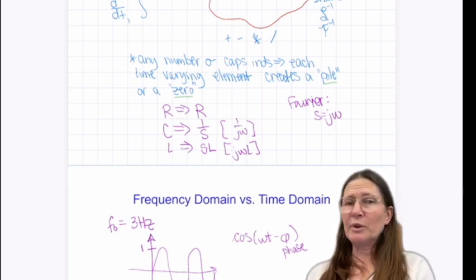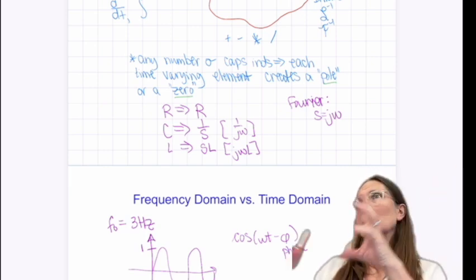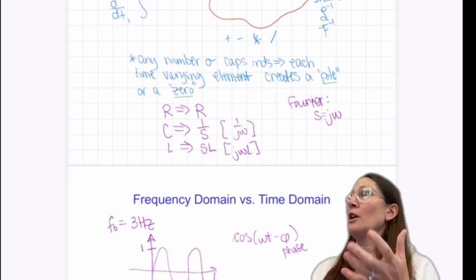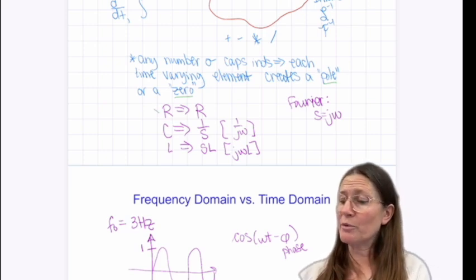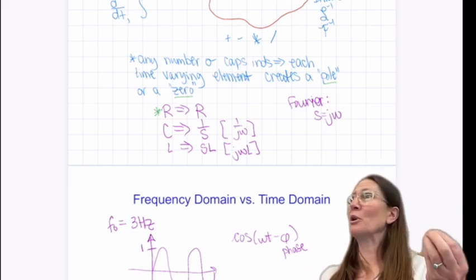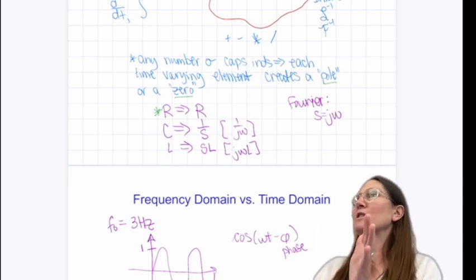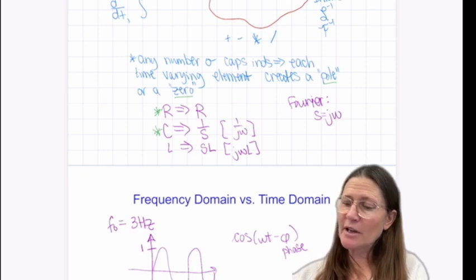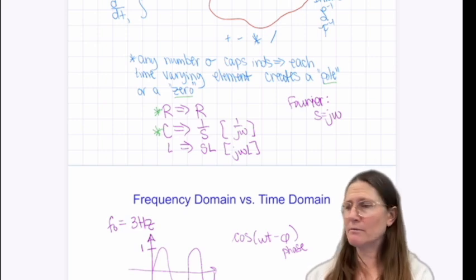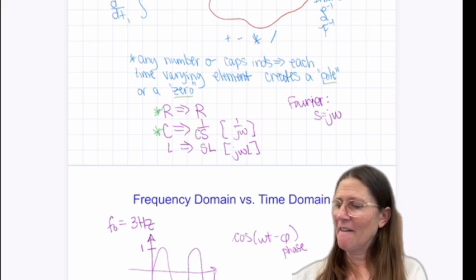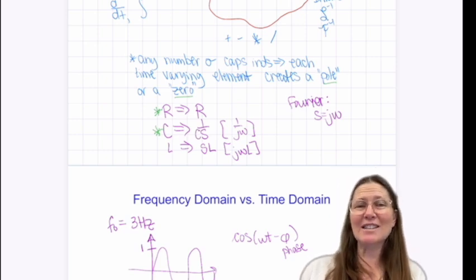One thing we need to know, moving from the time domain into this frequency domain, is how we move the elements that we know. A resistor is really easy. It only has a real component, so it just moves over as a resistor. For the capacitor, which has a time dependence, I'm missing a C here. That should be 1 over CS.